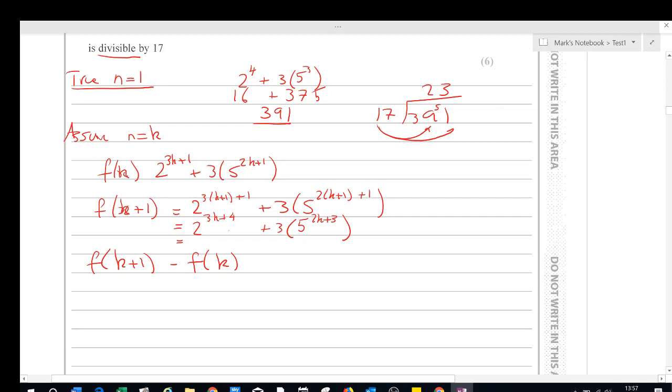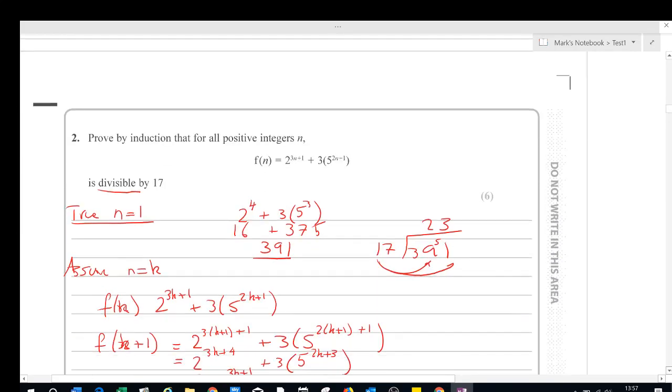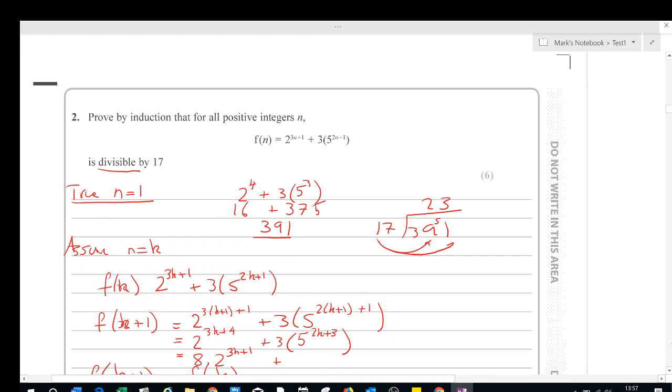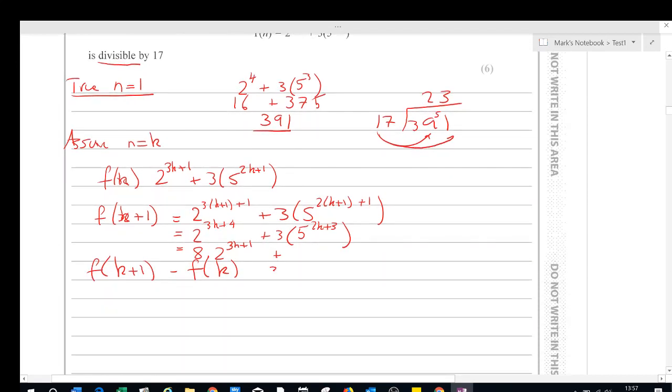So I'm going to take 2 cubed out as a factor. So that means 8 times 2 to the 3k plus 1 now. And for this, I want the power to be 2k plus 1, so we'll leave the 3 there.